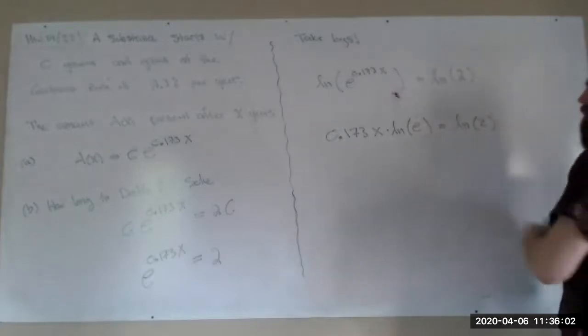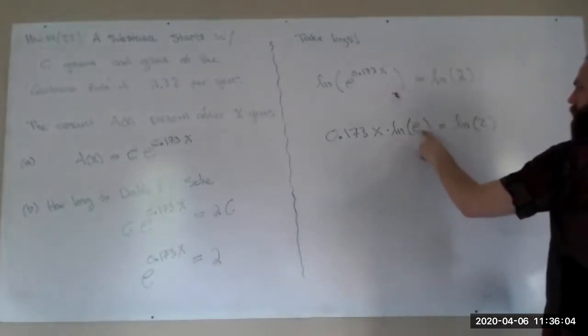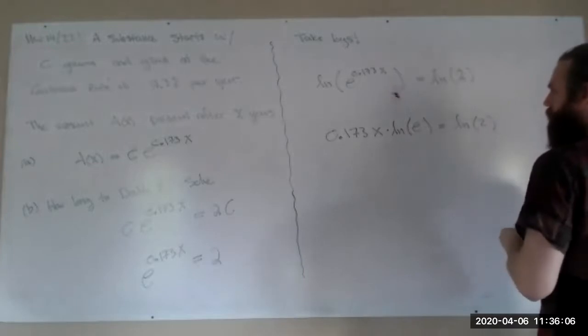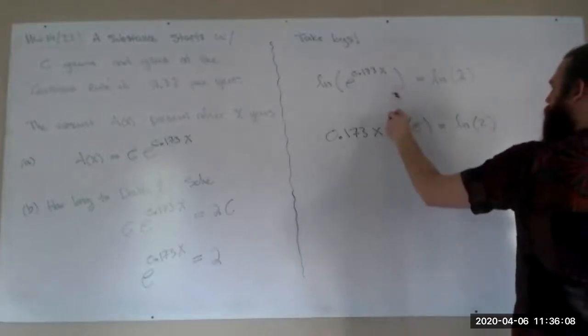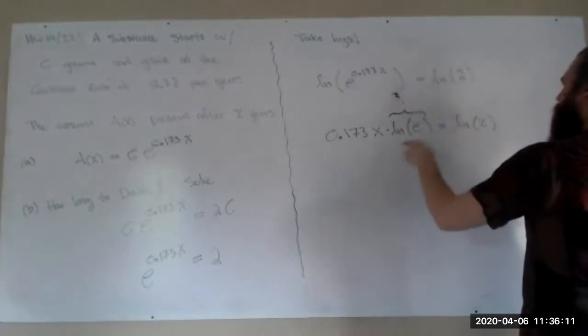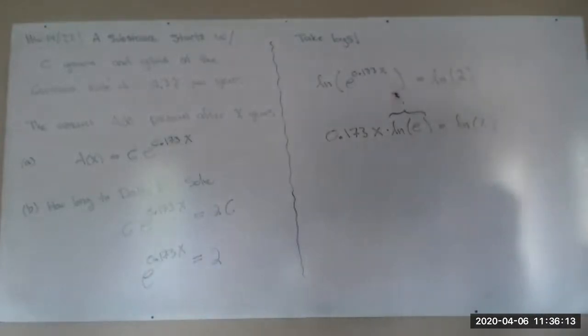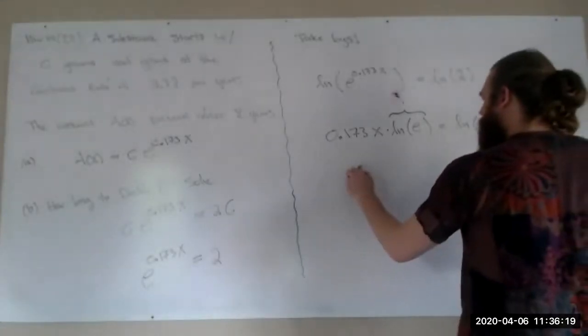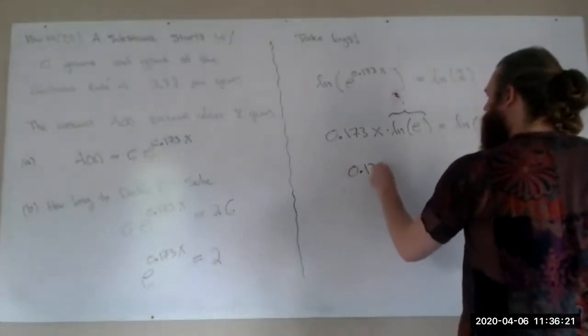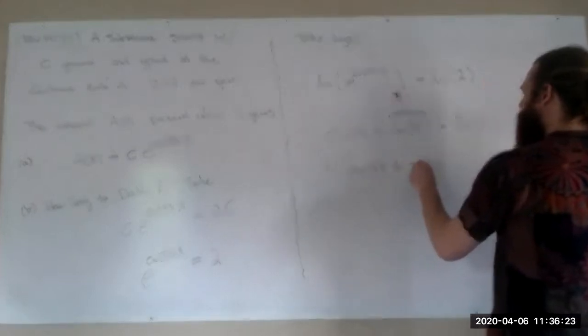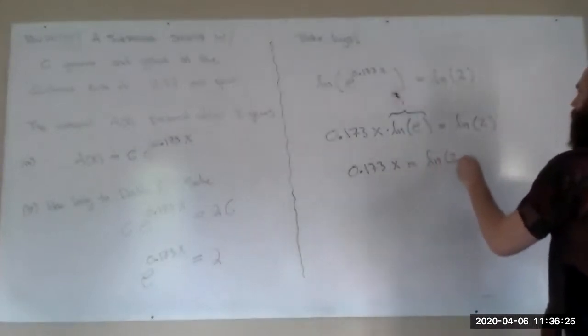But because these bases do match, e is the base of the natural logarithm, this is just 1. The ln of e is 1, because the power to which I need to raise e in order to get e out is 1. Either way, you arrive here: 0.173x equals ln of 2.